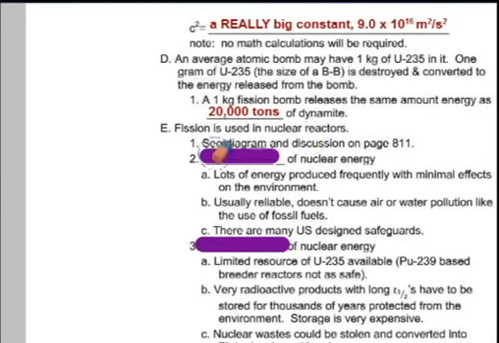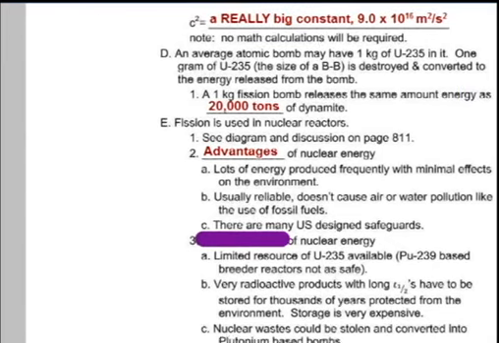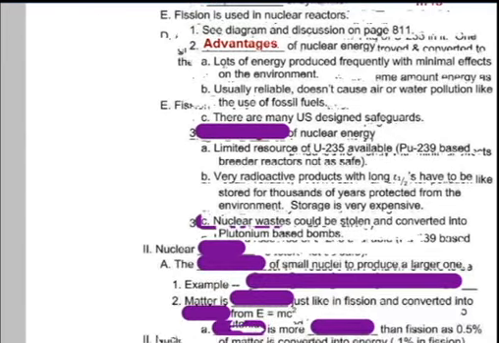Okay, now fission is also used in nuclear reactors, and you need to know this. There are some advantages to nuclear energy. There's lots of energy produced frequently, with minimal effects on the environment. It is usually very reliable, and it doesn't cause air or water pollution like the use of fossil fuels.